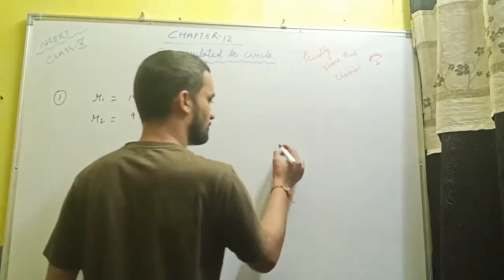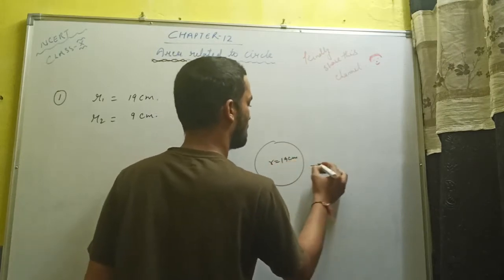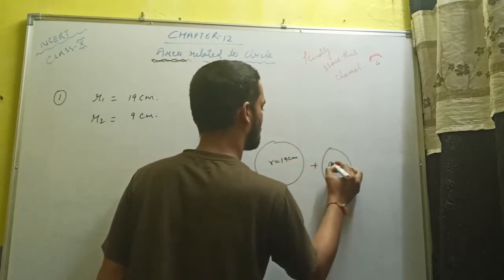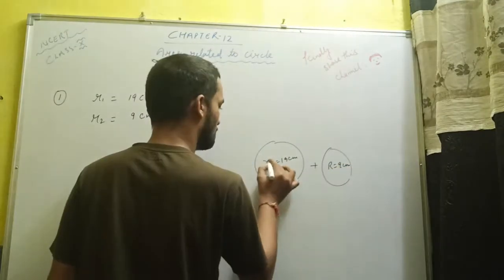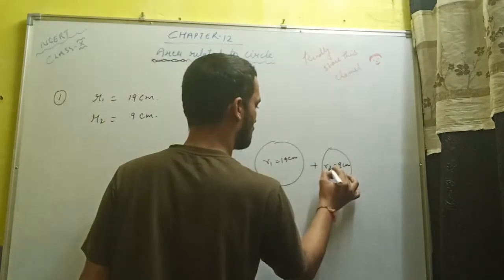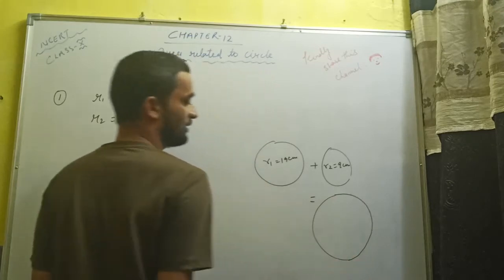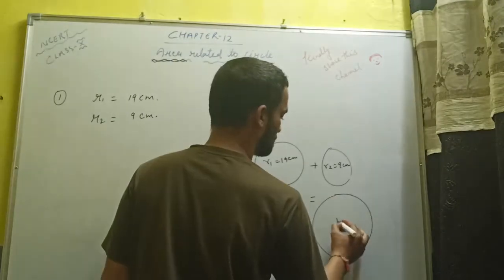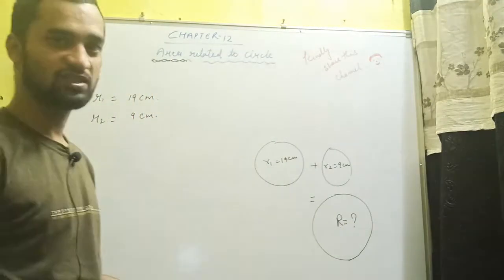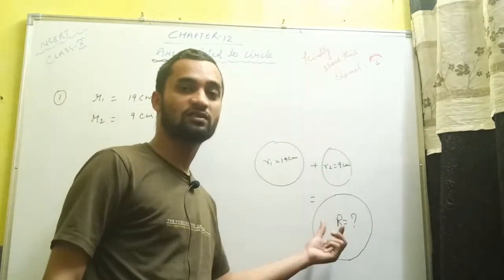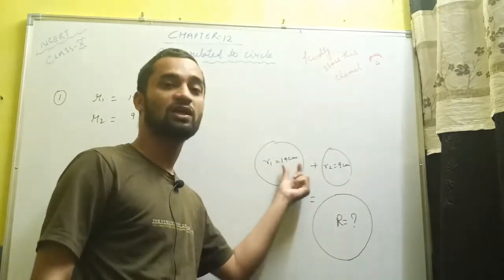It means suppose one circle has r1 equal to 19 centimeter, the other has r2 equal to 9 centimeter, and there is a big circle whose radius is capital R. We have to find the radius of this new circle whose circumference is equal to the sum of the circumferences of both circles.